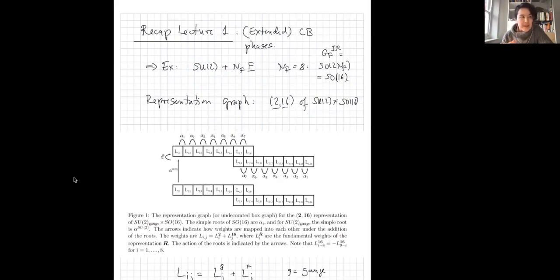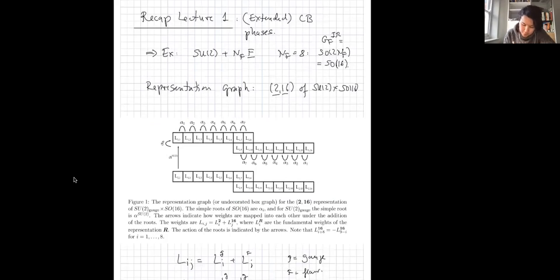And what I gave you at the end was basically just this representation graph for this particular representation, this bifundamental representation, and how the roots act. So this is the root of the SU2, and these are the roots of the SO16, and the weights, just to remind you.